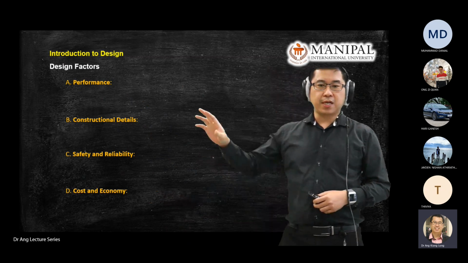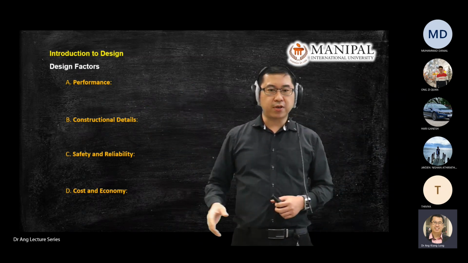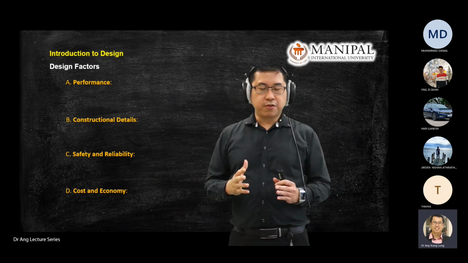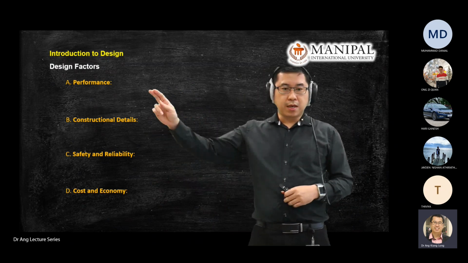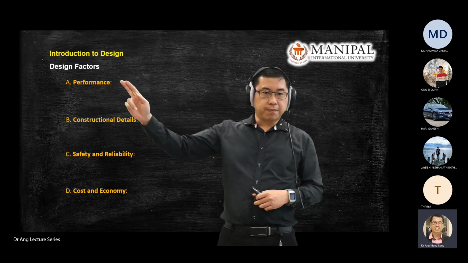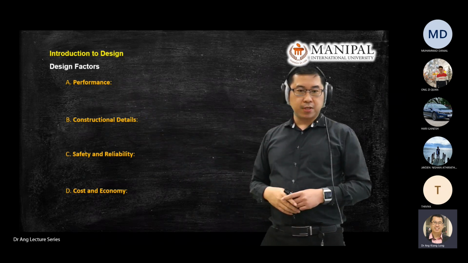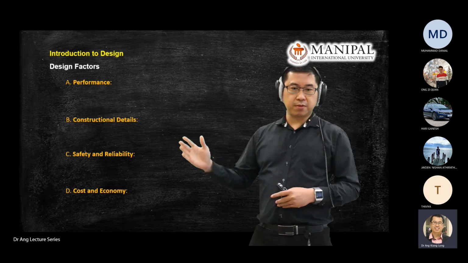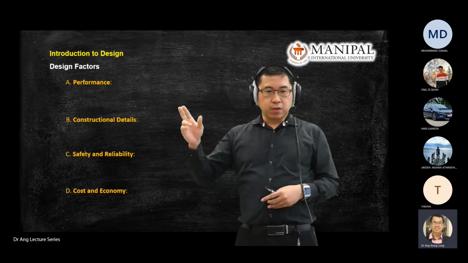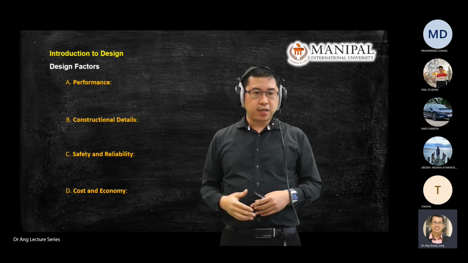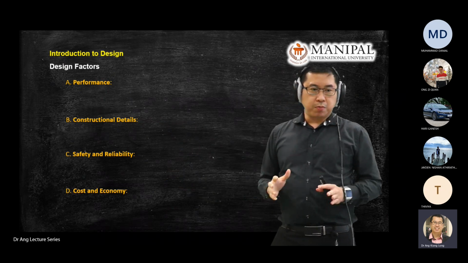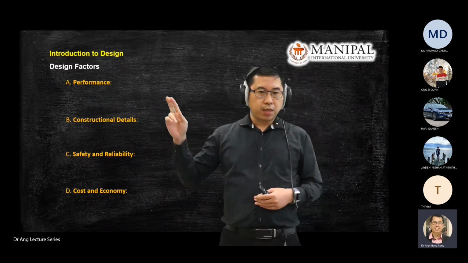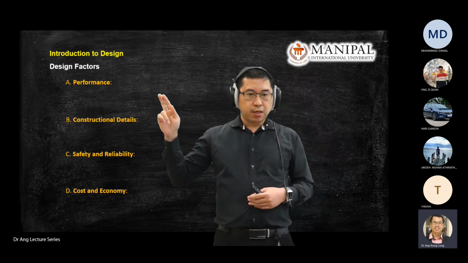So this basically will be the main structure of capstone design projects, especially for capstone design 2. You will look at the performance of your prototypes, make sure it's able to work by the end of the semester. Okay, so when you do your presentation in week 14, make sure your prototype is working.